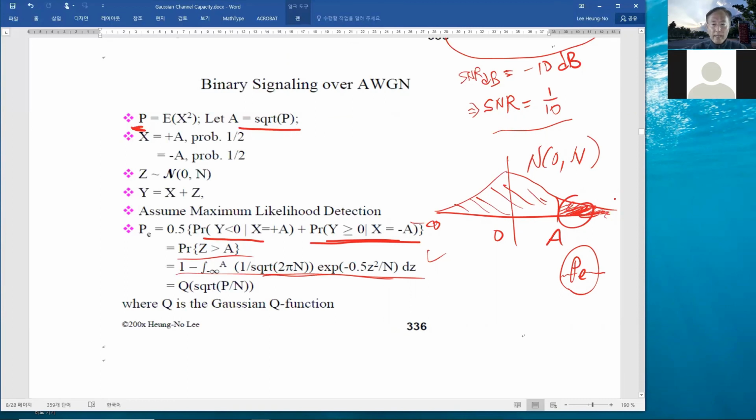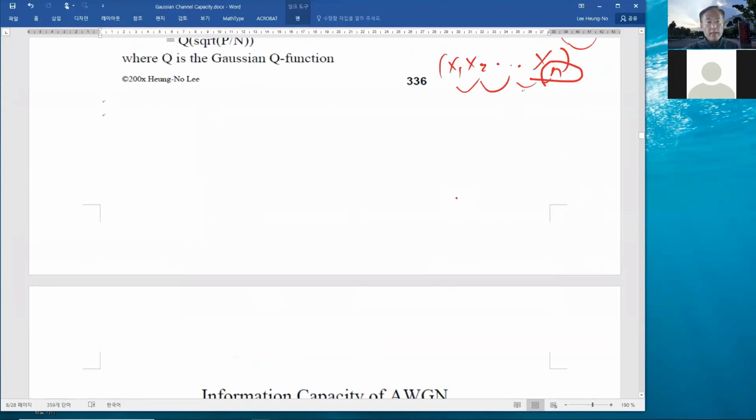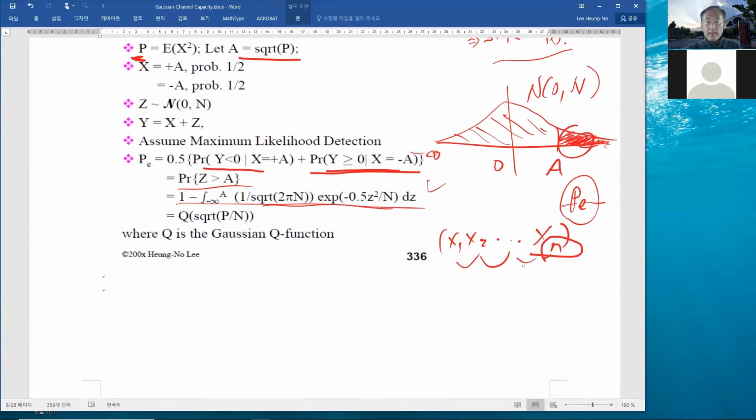But if you give some relation between the transmitted symbols, as you have seen in the Hamming code, then you can get rid of the problem of sustaining probability of error. We can make the probability of error go down to 0 as we increase n. That's the message. All right, I will stop here momentarily, and we'll talk about channel capacity.